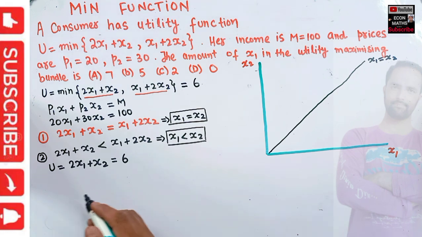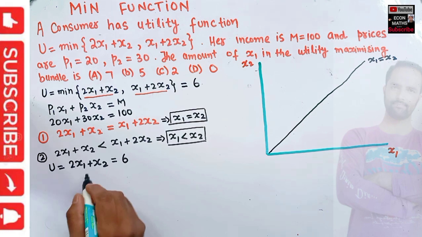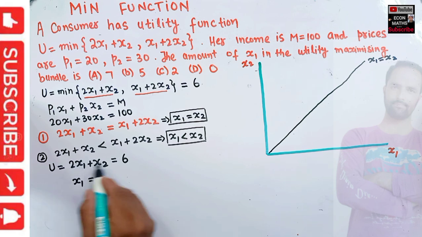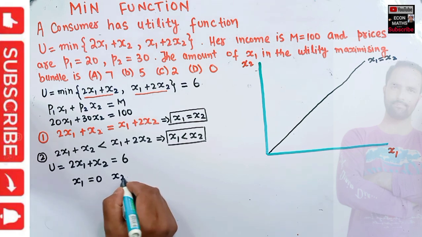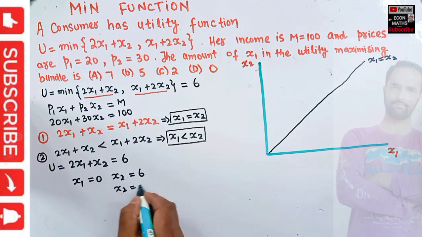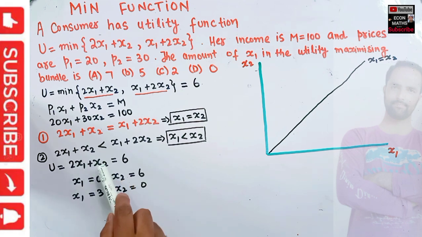If I put x1 equal to 0, x2 will be equal to 6. Similarly, if I put x2 equal to 0, x1 will be equal to 6 divided by 2, which is 3. I hope you know how we plot this. First we put the first variable equal to 0 and solve for the other variable, and then put the second variable equal to 0 and solve for the first variable.